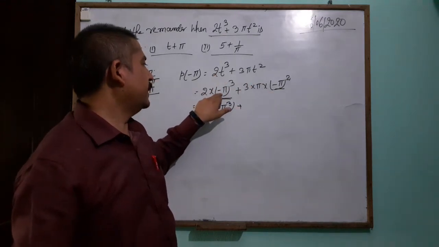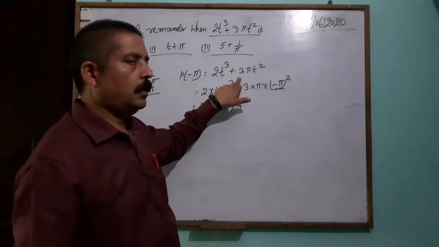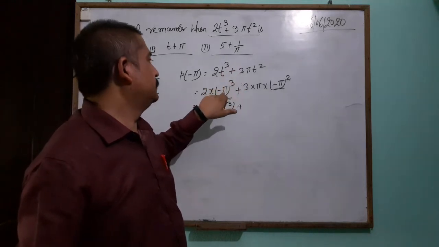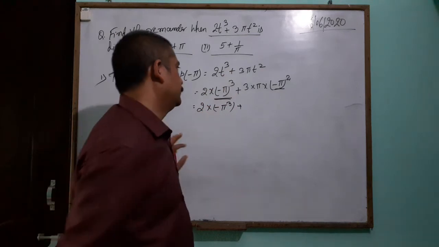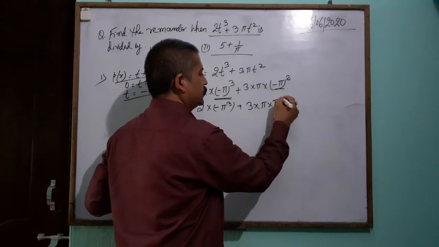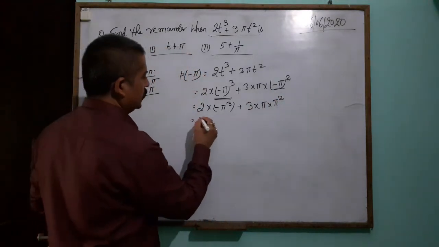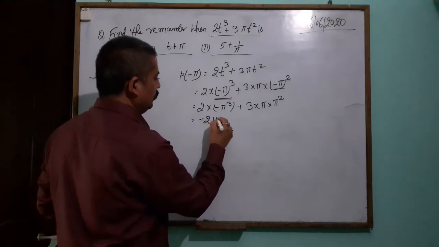If a negative number has an odd power, its value will be negative. So what we get is 3 into π². If we just solve it, minus 2π³.